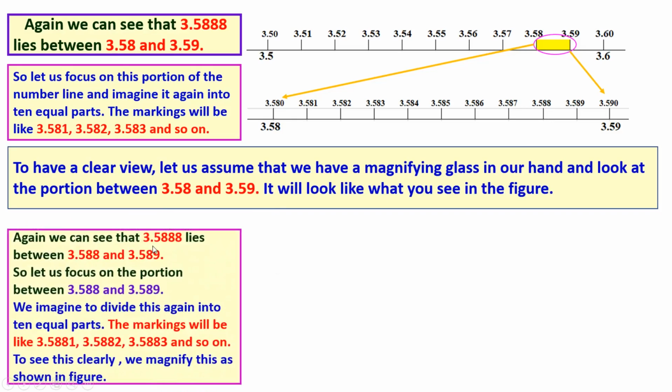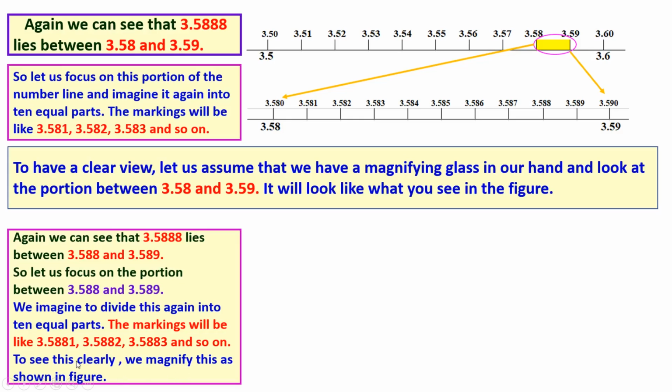Again we can see that 3.5888 lies in between 3.588 and 3.589 in this portion. So let us focus on this portion between 3.588 and 3.589. We imagine to divide this again into 10 equal parts. The markings will be like 3.5881, 3.5882 and so on.